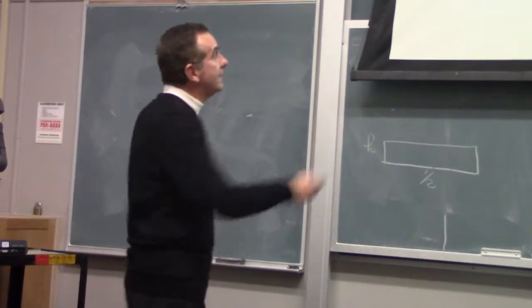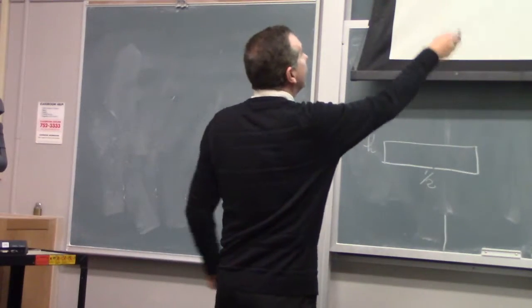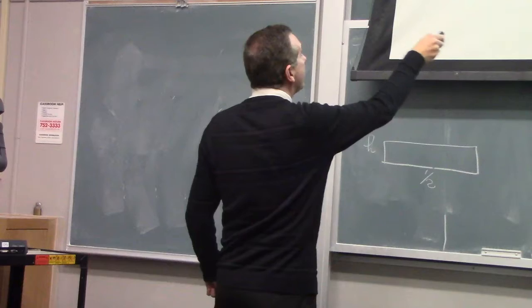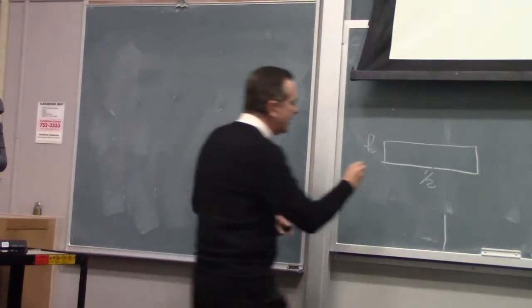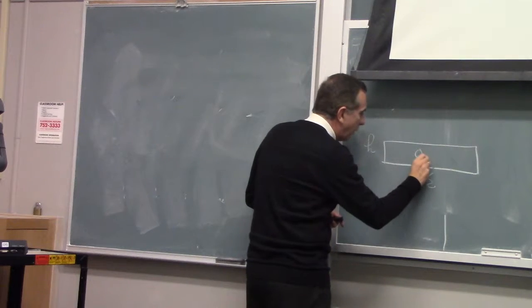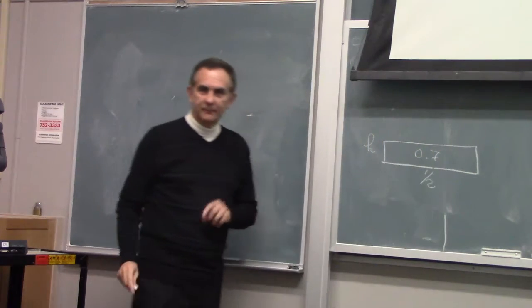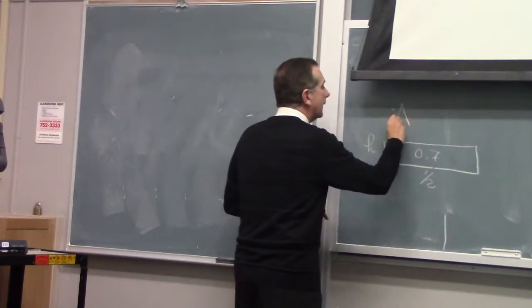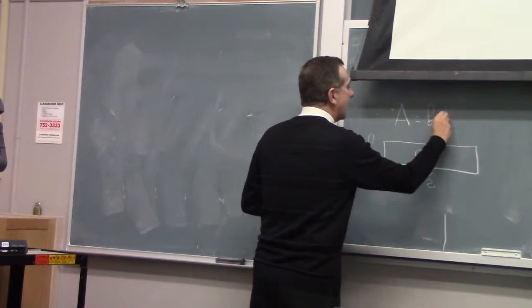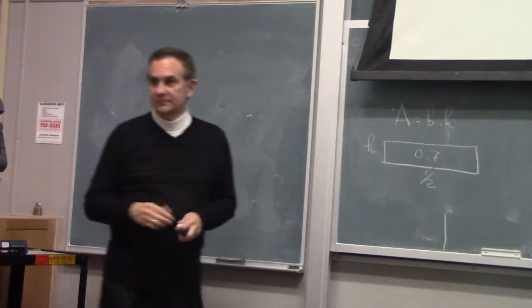That's exactly what it is. I have this area, and I cut it by 70%, so this area is 70%. That's exactly what we did. So the area is 0.7, right?